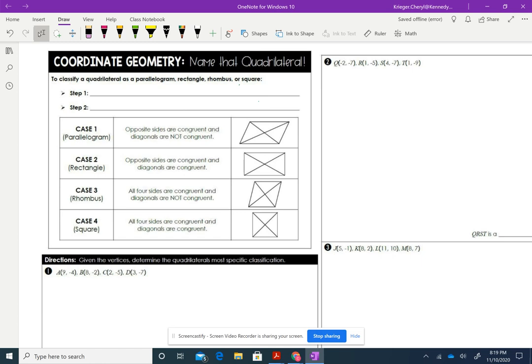So the first thing we check is the congruency of sides. So that's what I'm going to write. Check the congruency of sides. And then to determine whether or not it's a rectangle or a square, right, we know that the diagonals would be congruent. So step 2 is to check the congruency of the diagonals.